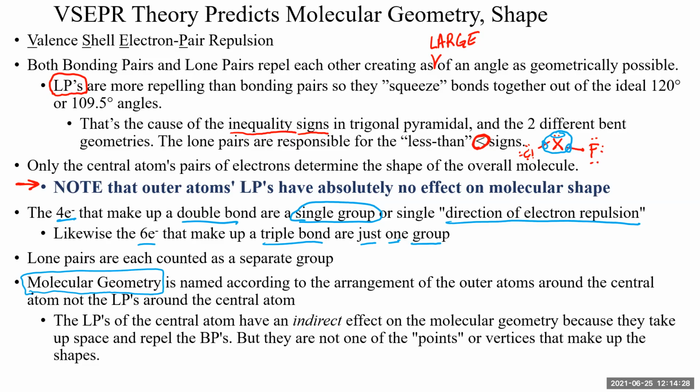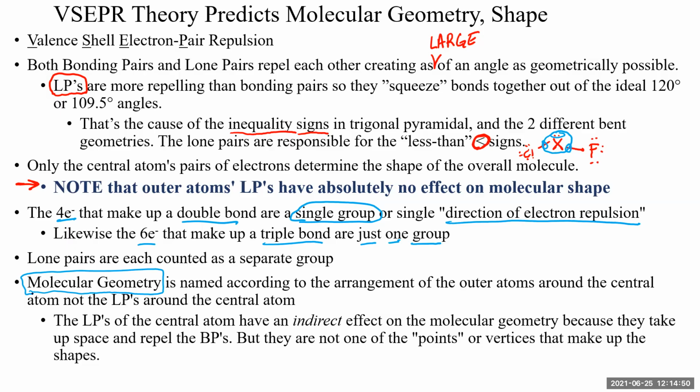The molecular geometry of the shape is named according to the arrangement of the outer atoms around the central atom. So it's that arrangement of atoms, but the lone pairs are not going to be part of the name of the shape. The name of the shape isn't going to be based on the placement of the lone pairs. That doesn't mean the lone pairs have nothing to do with the shape.